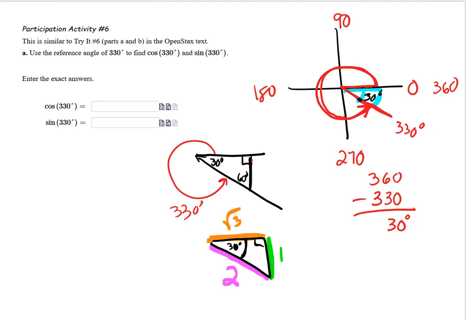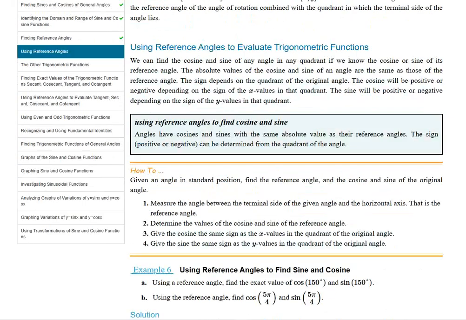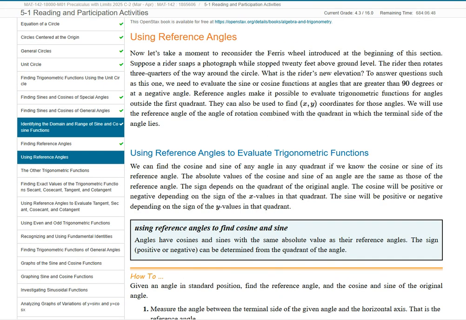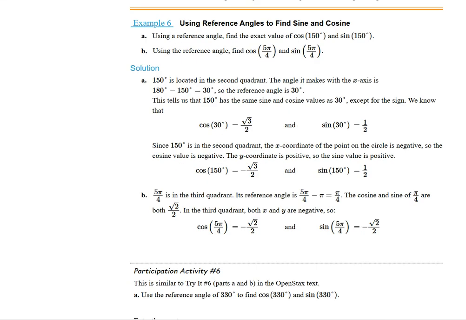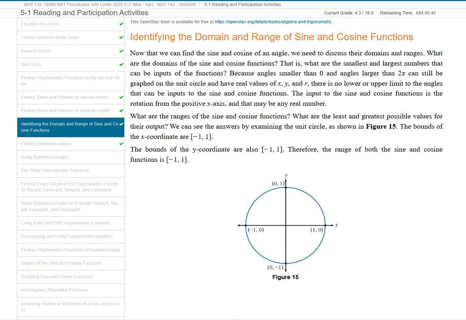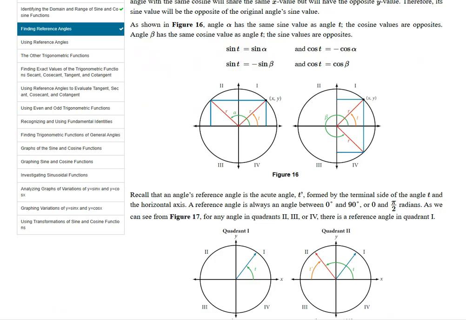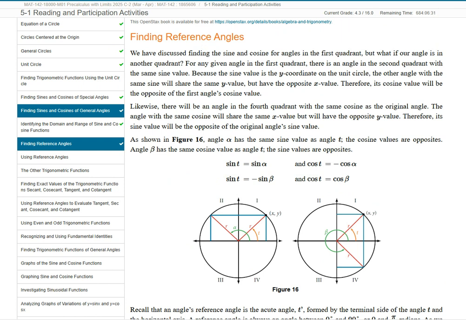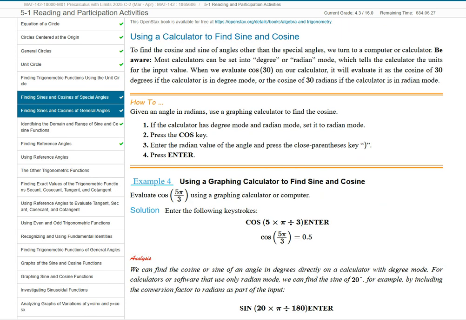If you go back into Mobius, where is it? It talks about that. Identifying domain and range? There's somewhere in here it talks about it. Finding reference angles. No, sorry, where was it? Oh wait, finding sines and cosines of special angles.